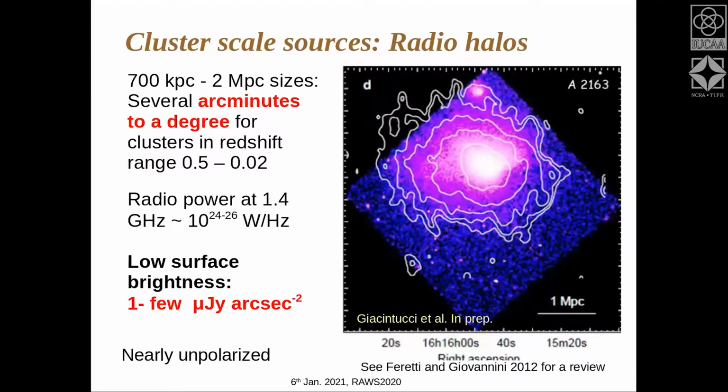In this picture, the color scale is showing you the X-ray emission. It's the blob of intracluster medium as detected in X-rays, and these contours are showing you the radio emission. Here all the contributions from individual radio galaxies or background or foreground point sources have been removed. So what you can see is this diffuse emission, which pervades, basically is associated with the entire intracluster medium itself.